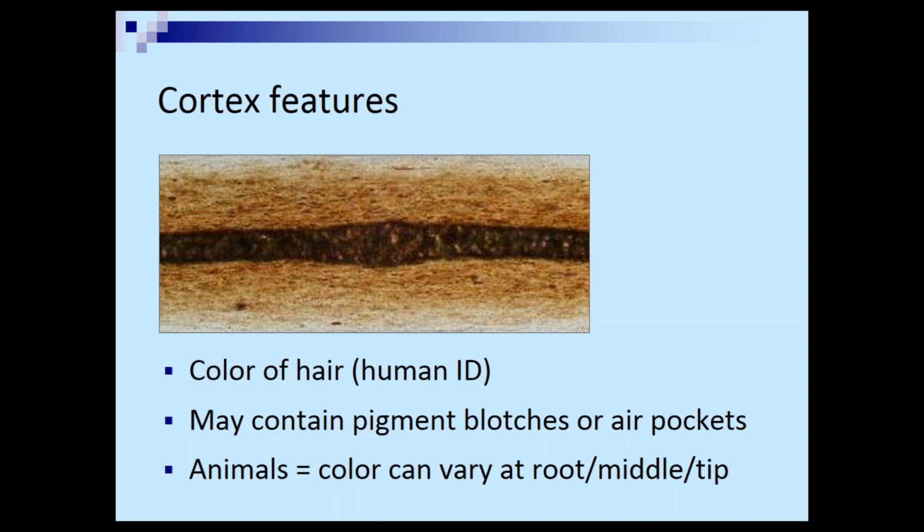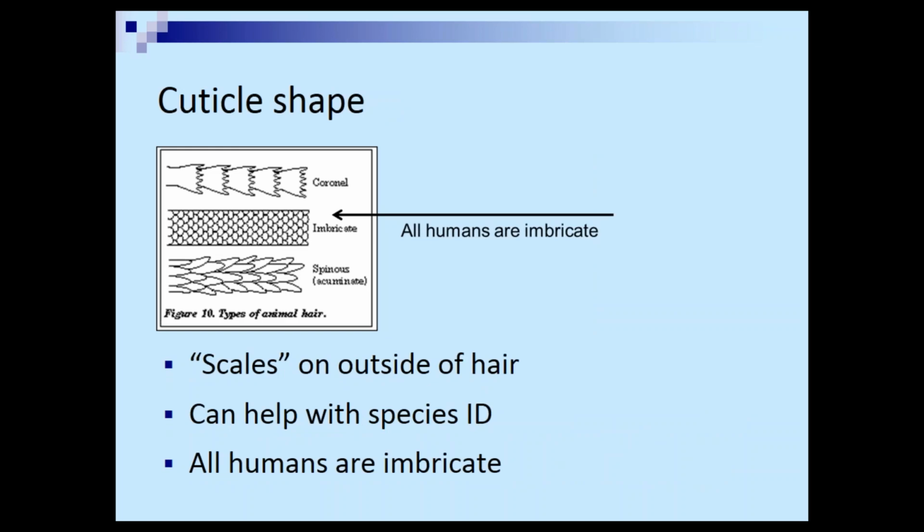In humans, the hair is the same color the entire length, unless it's been dyed artificially. But if you see this natural color variation within the hair, then that indicates it's an animal hair and not a human hair. So that can be one thing that the cortex may be helpful for to forensic scientists.